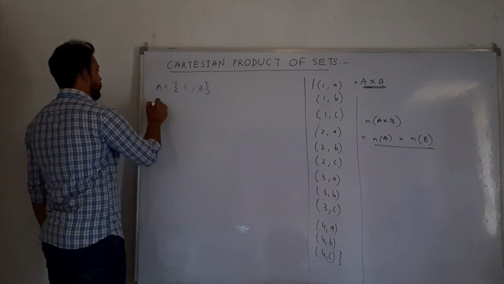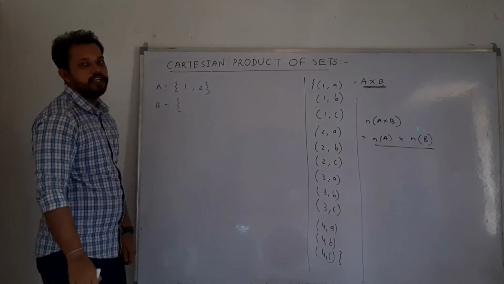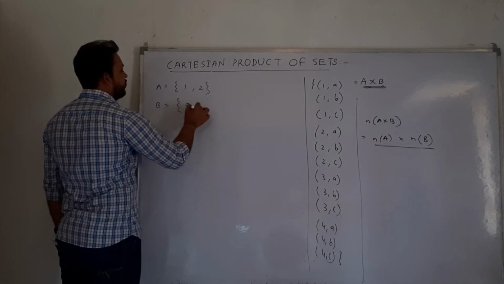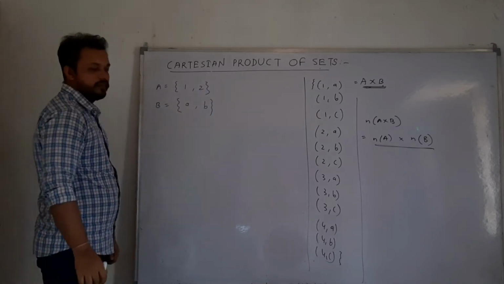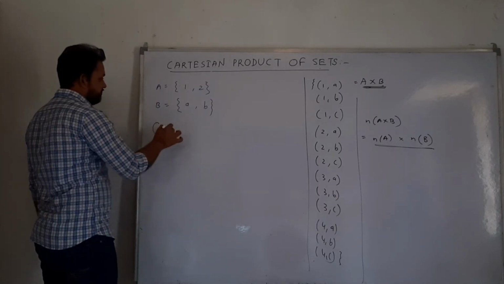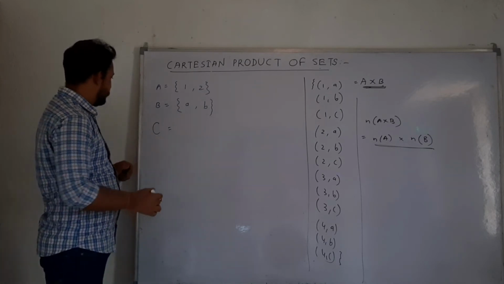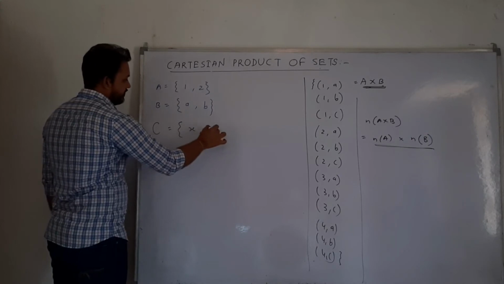We have a non-empty set B, elements of set B are a, b. Then we have a third set C, the elements of this non-empty set C are x, y, z.